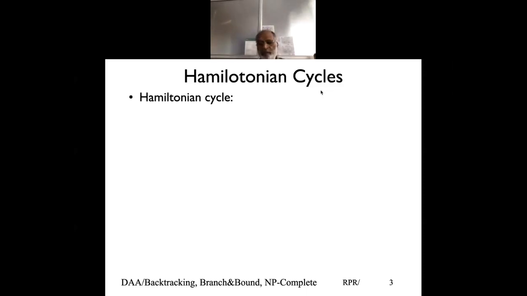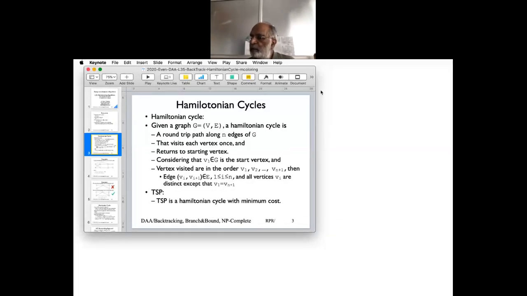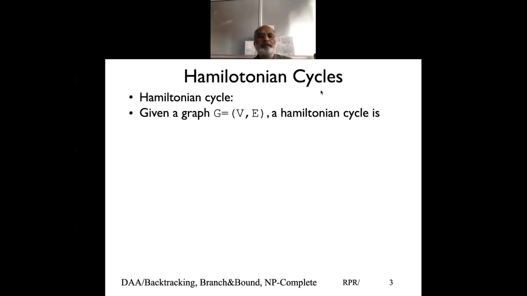The problem is defined as: given a graph G, you start from some vertex, go to each and every vertex, and come back to the same home vertex. That is what is called a Hamiltonian cycle.